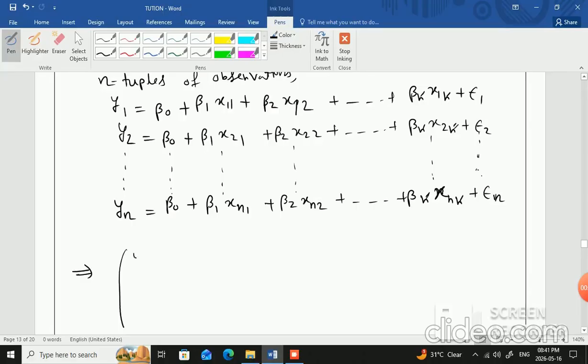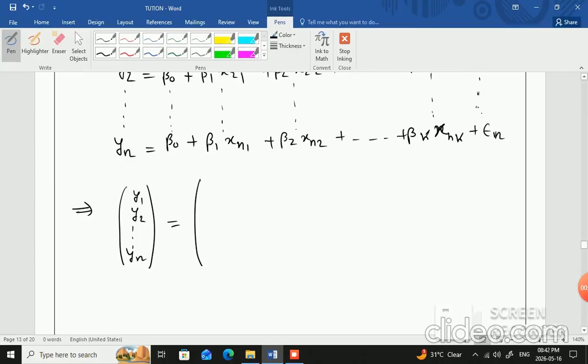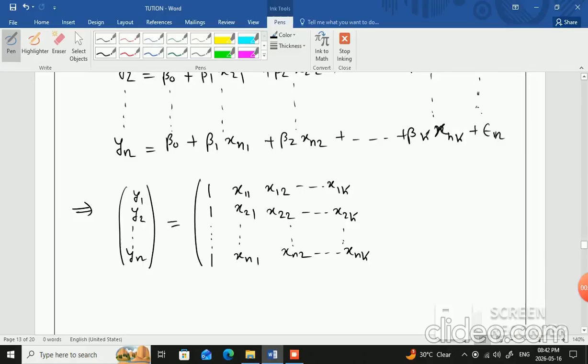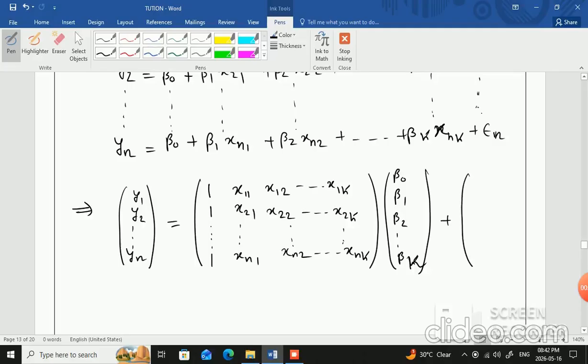Then we get y1, y2, yn equal to the matrix with first column of ones, and rows x11, x12, x1k, x21, x22, x2k, up to xn1, xn2, xnk, multiplied by the matrix beta naught, beta 1, beta 2, beta k, adding epsilon 1, epsilon 2, epsilon n.